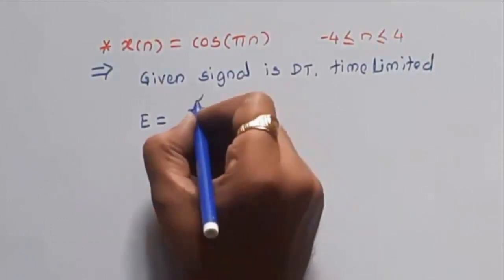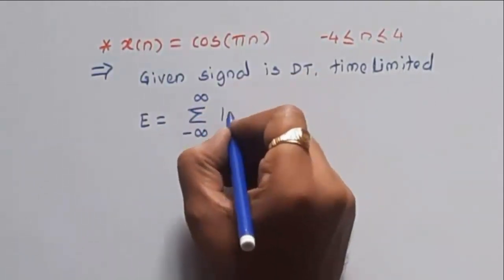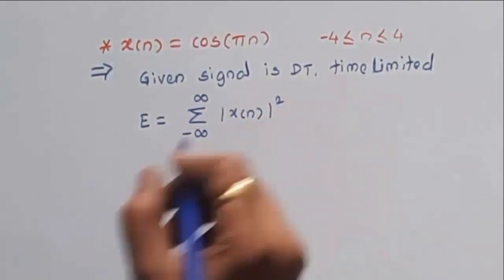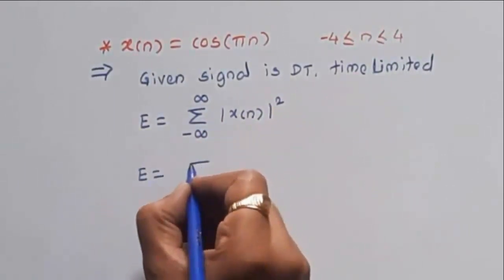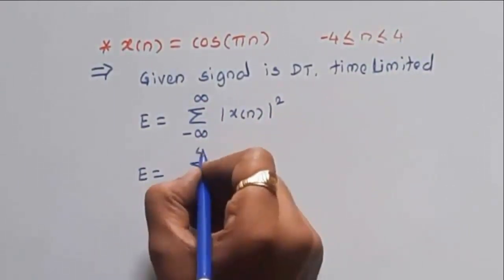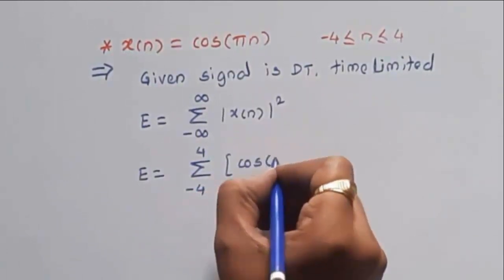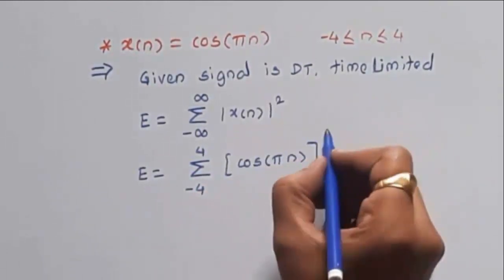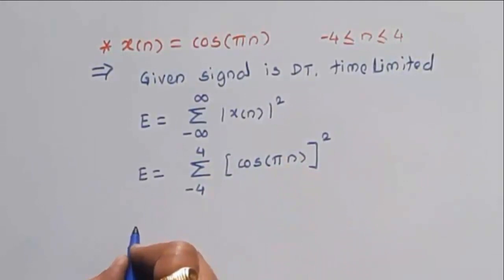Energy of a discrete time signal is summation minus infinity to plus infinity mod x of n square. So if we put the limits and x of n value, we will get summation minus 4 to plus 4 cos pi n square.